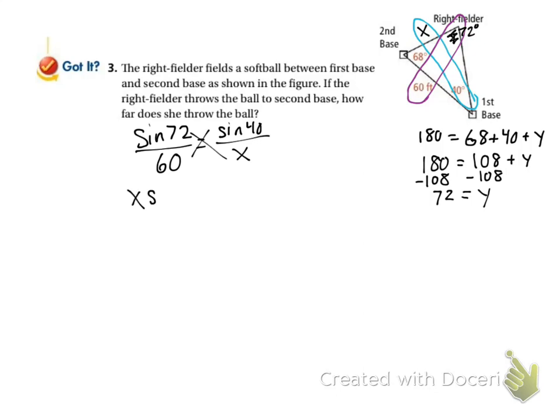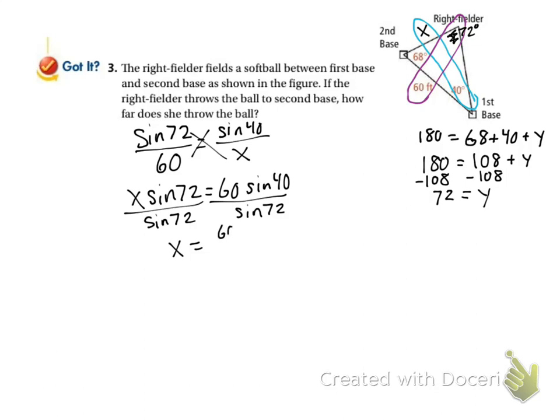I get X sine of 72 equals 60 sine of 40. Your choice if you want to get the decimal now or divide first. I'm just going to divide first. Divide by the sine of 72. X is equal to, well, we'll leave it like this for a second and then find our decimals.